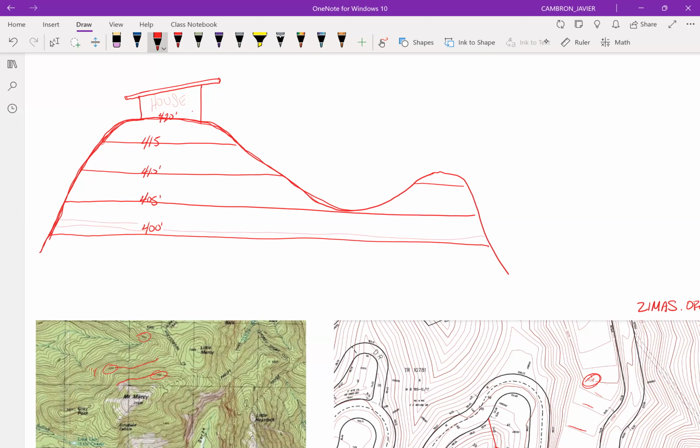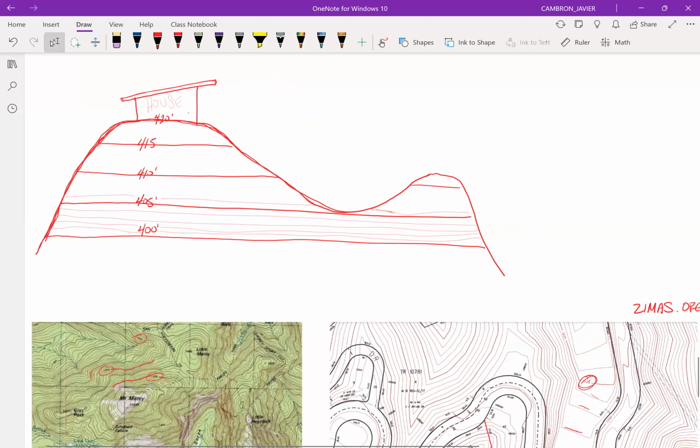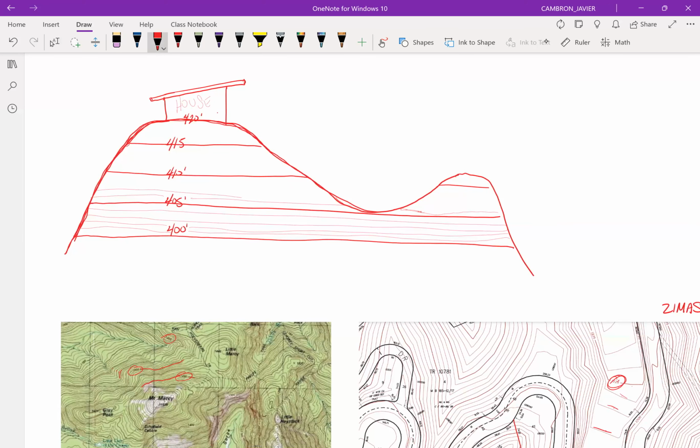1-foot increments. When we're dealing with construction, when we're dealing with the site itself, we typically want 1-foot increments, because that gives us the most detail. You have to imagine that we're building a house, so we need to know exactly where and how the topography moves.